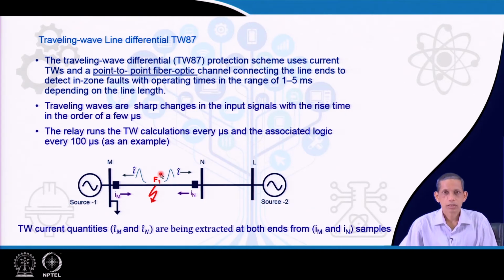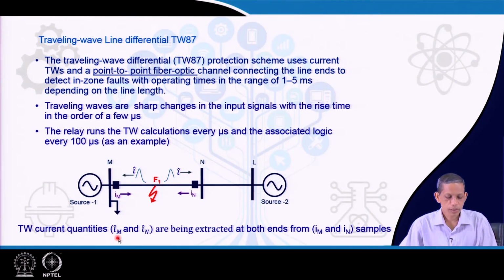Current waves will travel towards both M and N. With the CT and the A to D process, the relay will acquire the sample values, filter out the undesired components, capture the high frequency components, and extract the alpha, beta or whatever components are required. Based on that, a differential principle can be obtained.